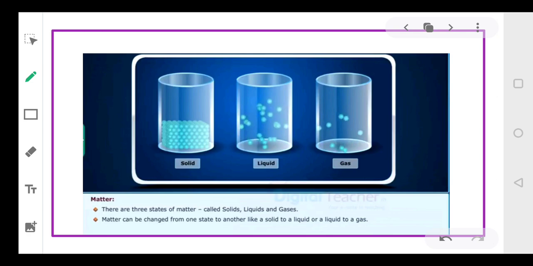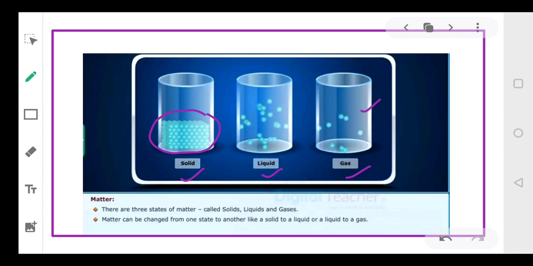Now we'll talk about the 3 states of matter: solid, liquid and gas. In solids, the particles are closely packed with each other. In liquids, the particles have more space between them, and in gases there is the maximum space between the particles.